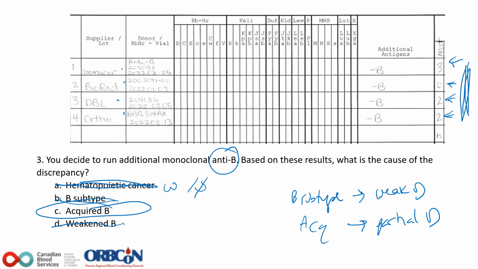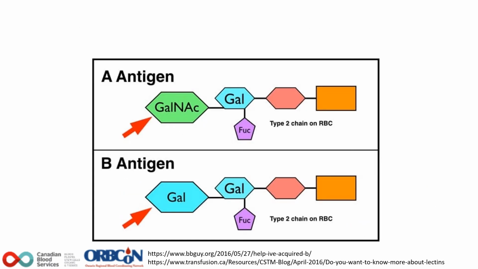So let's go on to the actual science behind it, and let's learn a little more. How is it that a group O individual can now look group B? This really comes down to the structure of the A and B antigens, so we first have to know the structure.